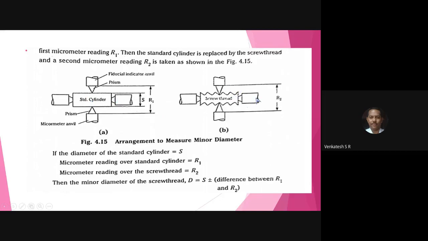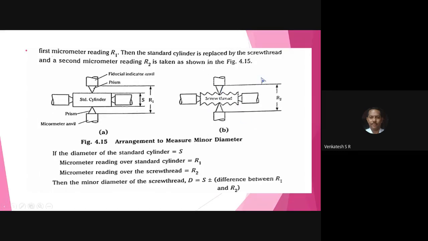Then all of you observe here. So what are the things you have to measure for minor diameter? I'm not asking about major diameter. This is the minor diameter. All of you observe here. That is the R2. The bottom portion of the thread you can measure by using the anvil provided in the instrument.